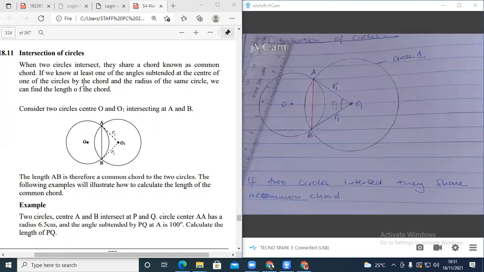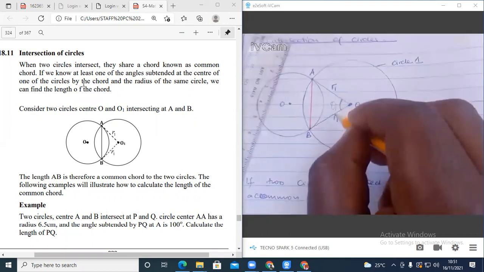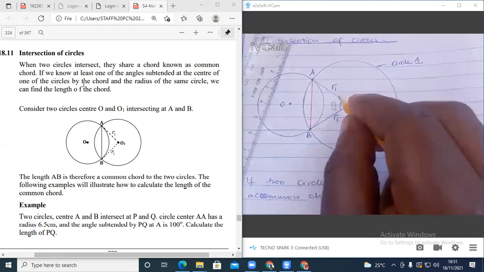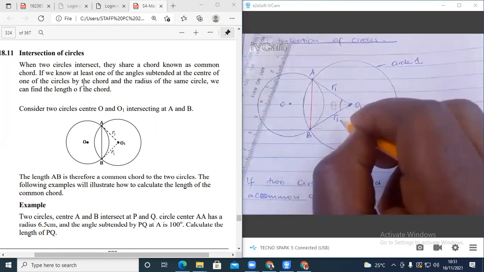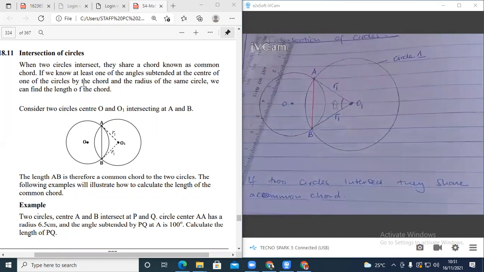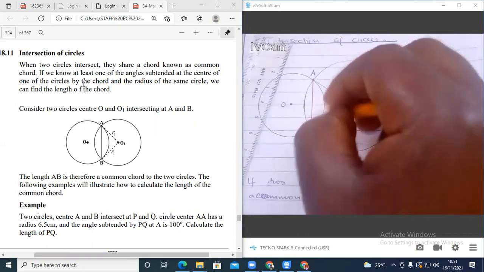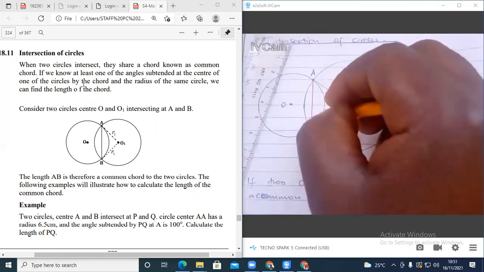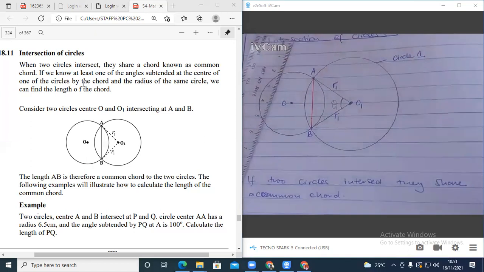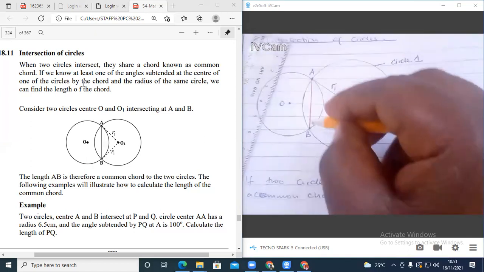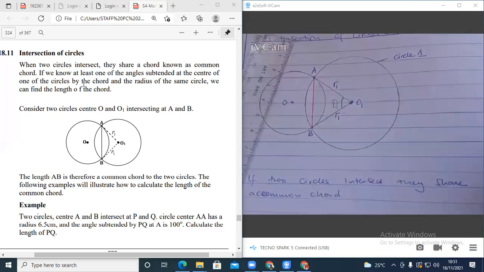So if we know that angle, and we know the radii, we know the values of these radii, then we can find the length of the chord. Because the intersection of circles in most cases wants you to find the length of this common chord.